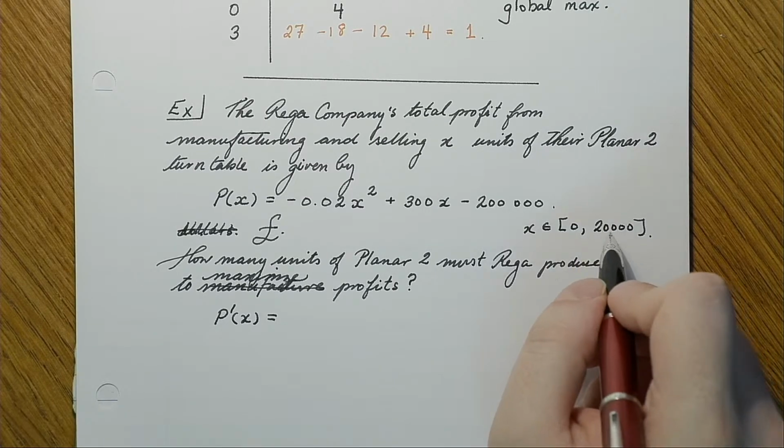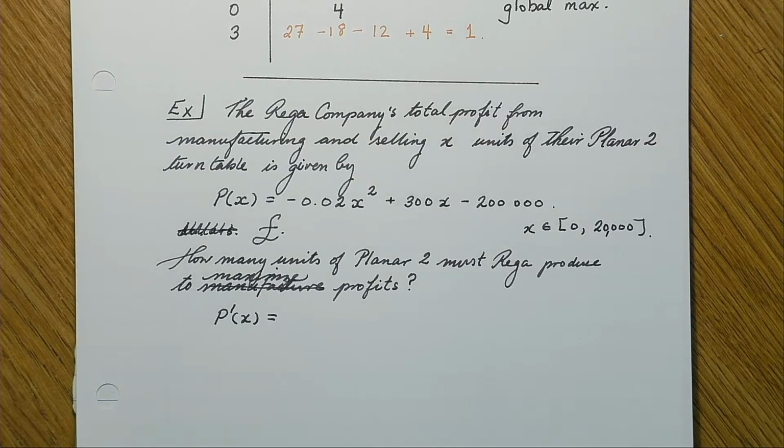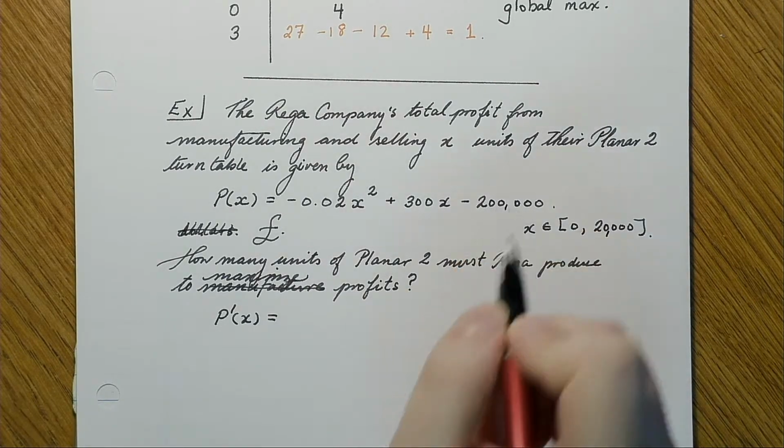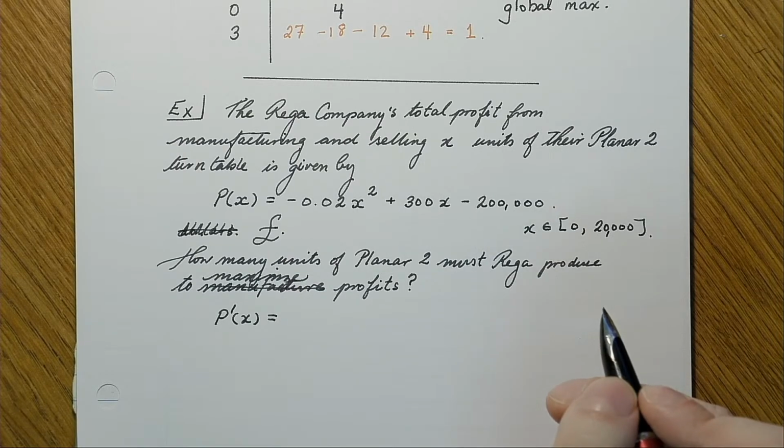No, it's just 20,000, and here is 200,000. Probably that 200,000 is like their initial cost to set up the tooling for it.